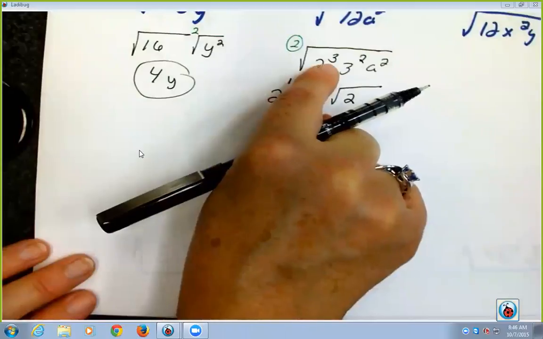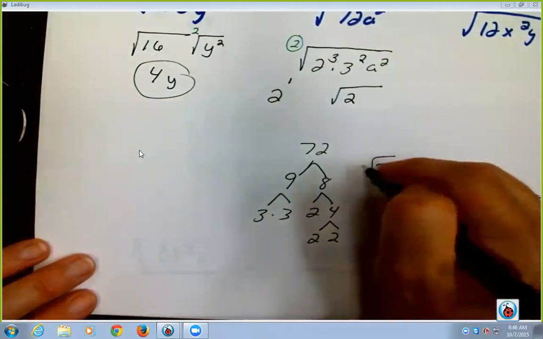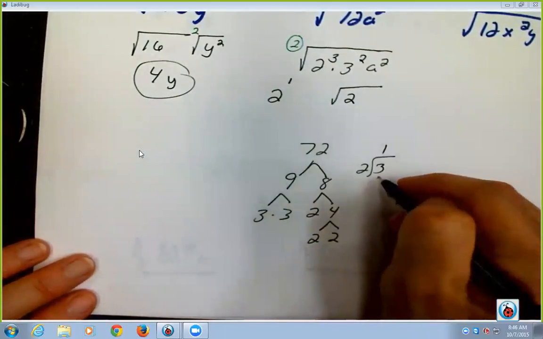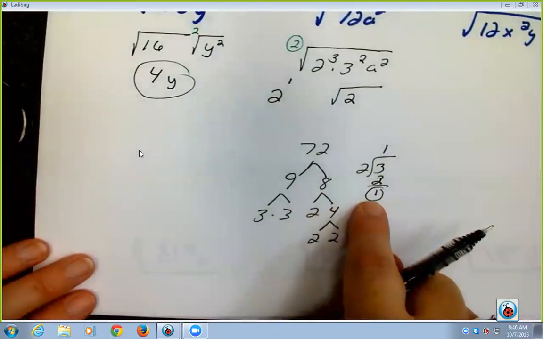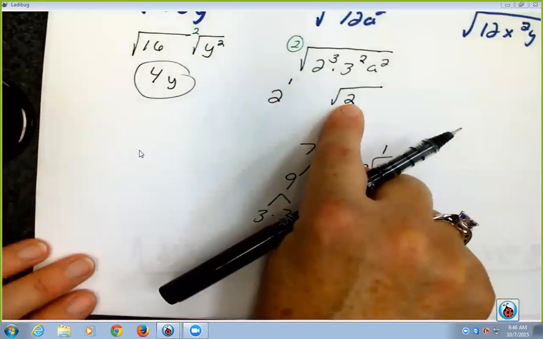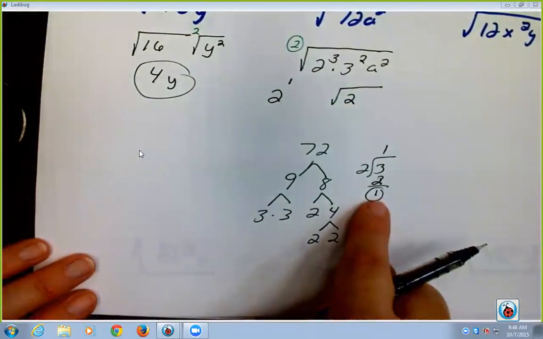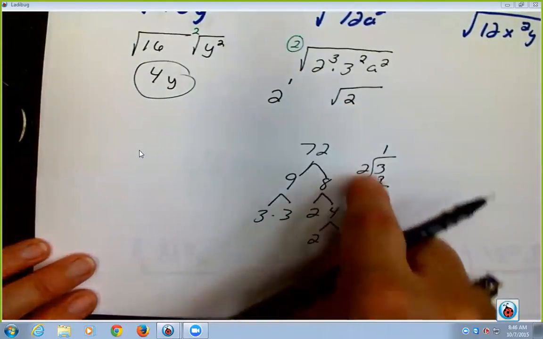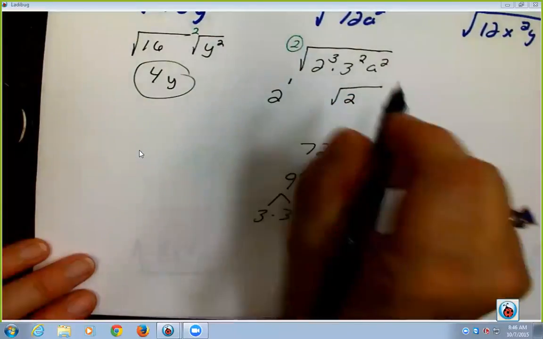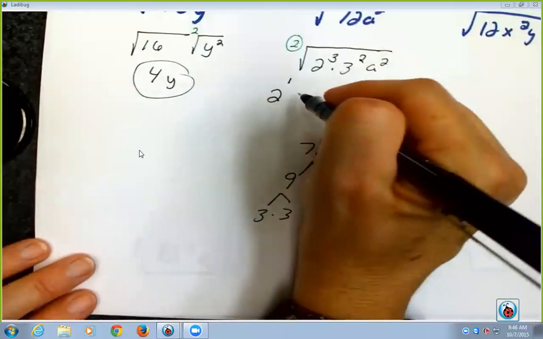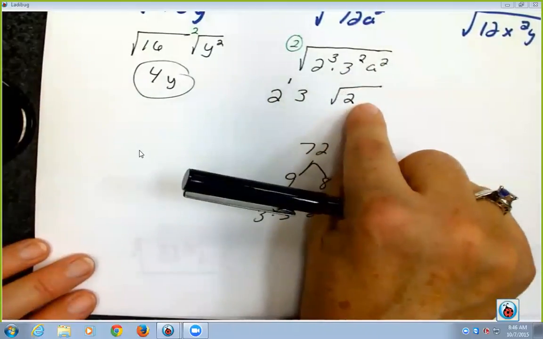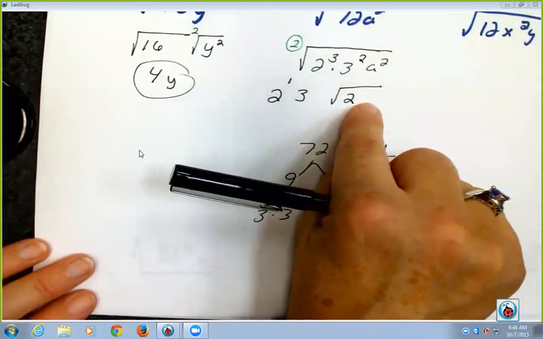So if I take 3 and divide it by 2, I get 1 and I have a remainder of 1. The remainder means I leave that base underneath that radical to that power. Whatever that remainder is, that's the power that's on it. Then if I look at 3, 2 goes into 2 once, means I can pull out a 3. No remainder, so that doesn't stay under there at all. We good with that part?